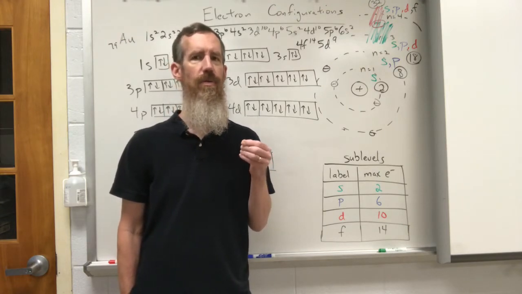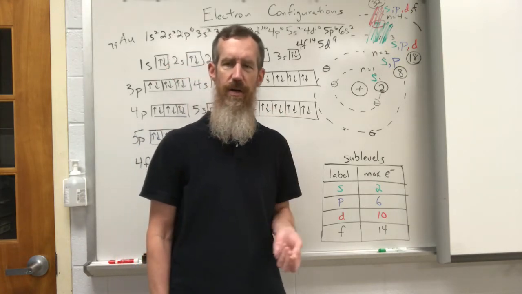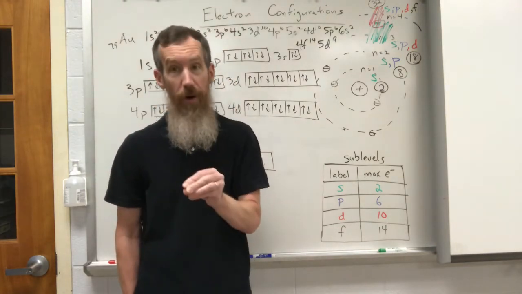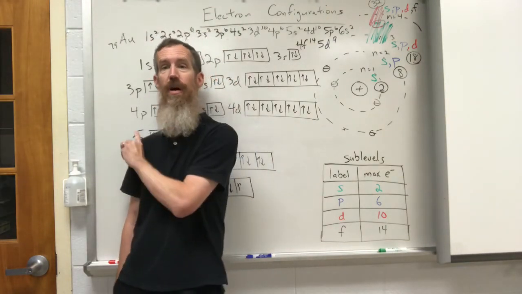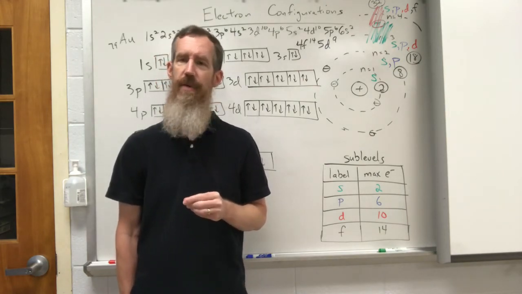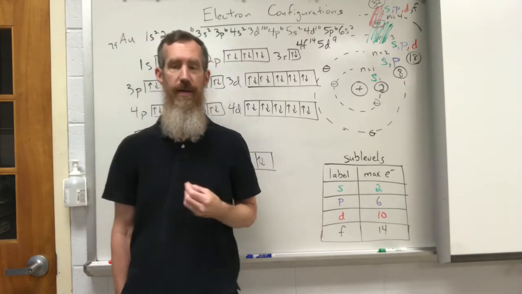So we're going to ask ourselves, if these noble gases are markers, what is the noble gas before the element that we're talking about on the periodic table? In this case we're talking about gold.